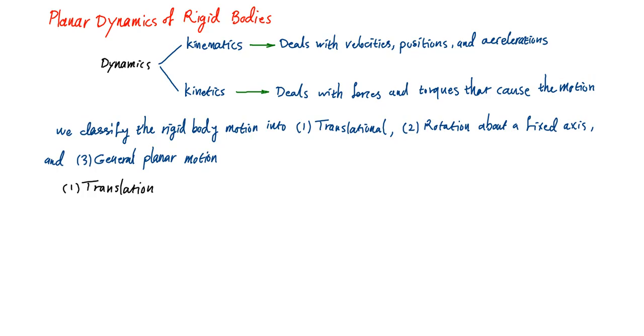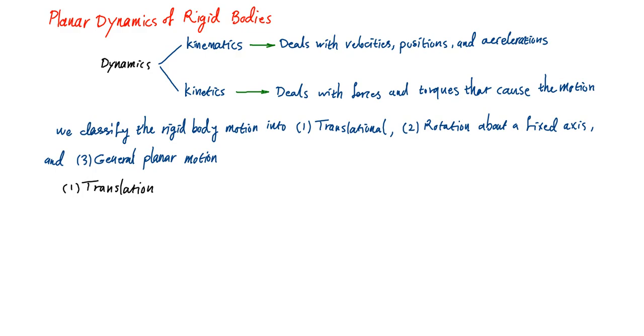I'm not going to repeat whatever we talked about regarding translational motion when we were studying kinematics of rigid bodies, so you can just review your notes. But when it comes to dynamics, we know about the kinematics of rigid bodies. We know how to deal with that when it comes to translational motion.